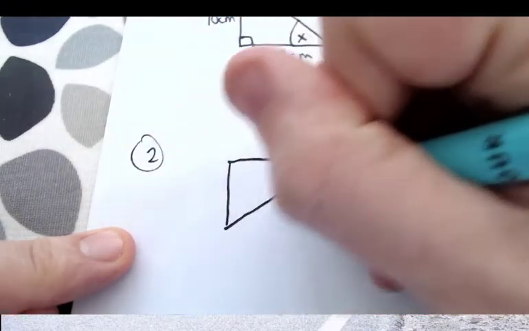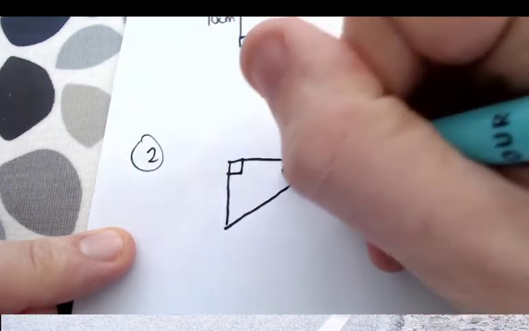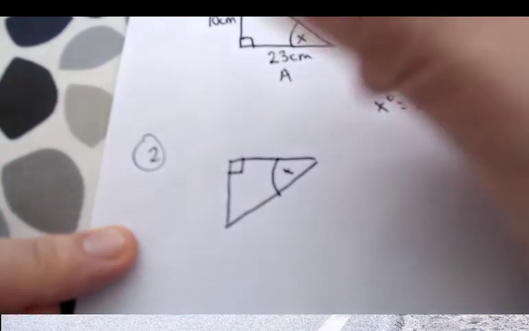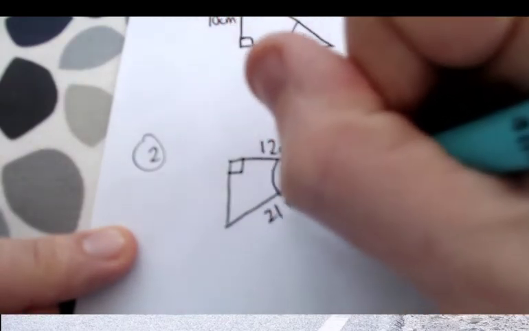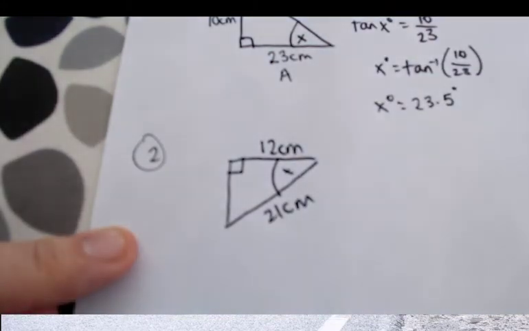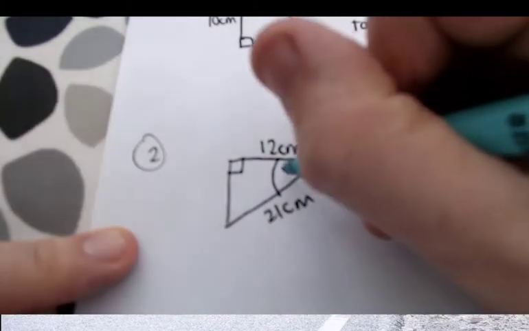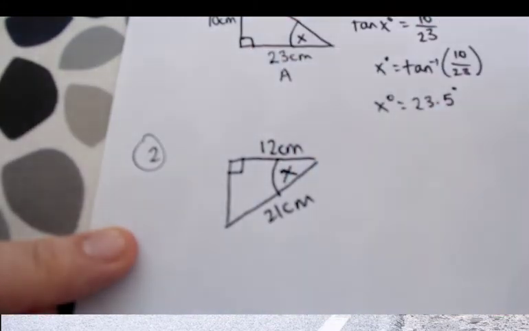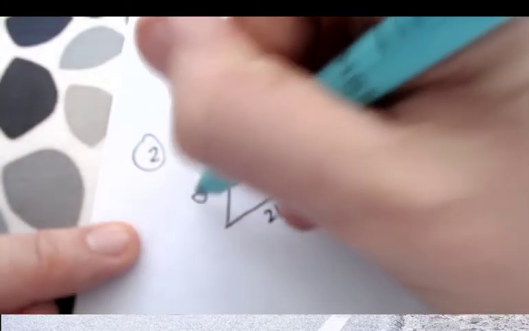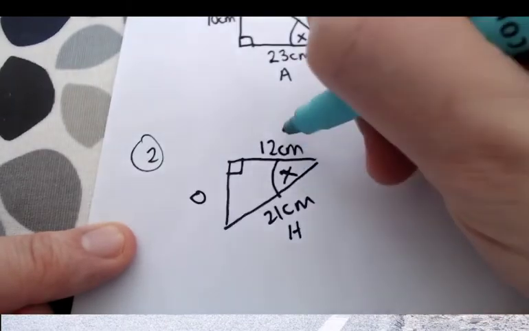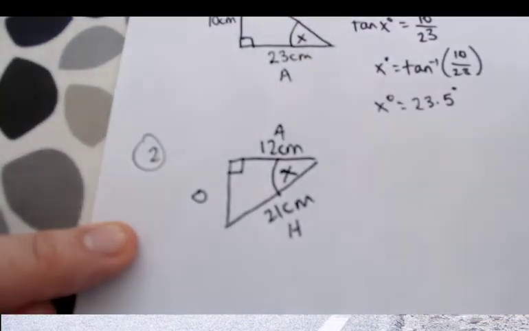So another right angle triangle. This time I want to calculate this angle over here, and I'm going to say that this side is 12 centimetres and this side is 21 centimetres, and we're going to find the size of the angle x. Make that a bit bigger. Right, first things first, again label the sides. Opposite, hypotenuse, adjacent.